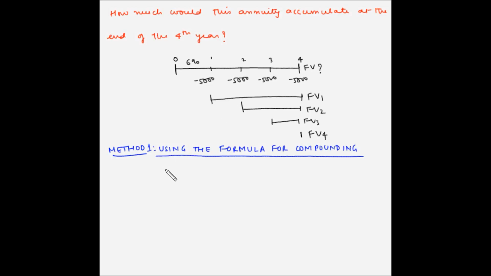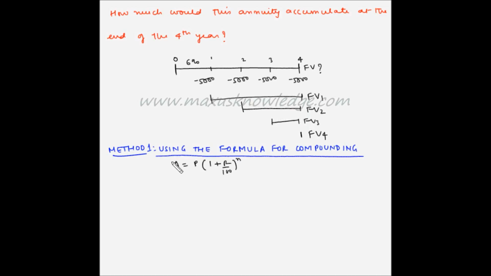Now the formula for compound interest, as we know from the basic understanding, is A is equal to P into (1 plus R by 100) to the power N. N is the number of compounding periods, R is the rate of interest per compounding period, P is the principal amount, and A is the amount received at the end of N periods.